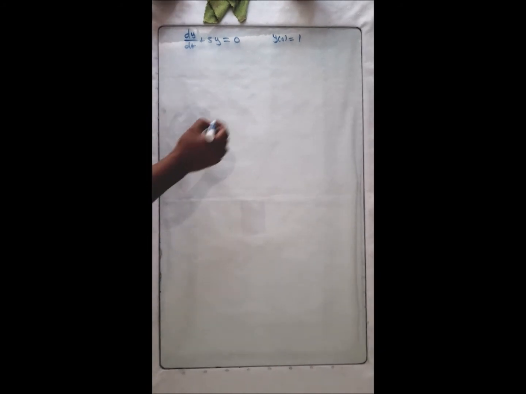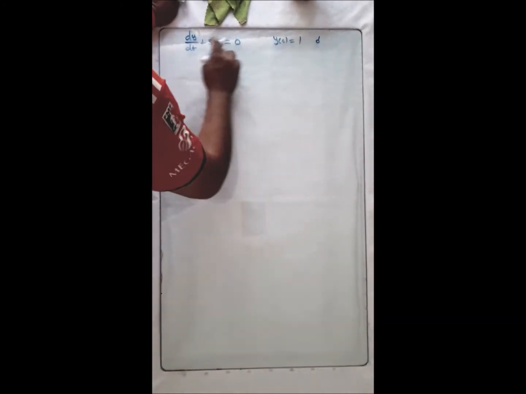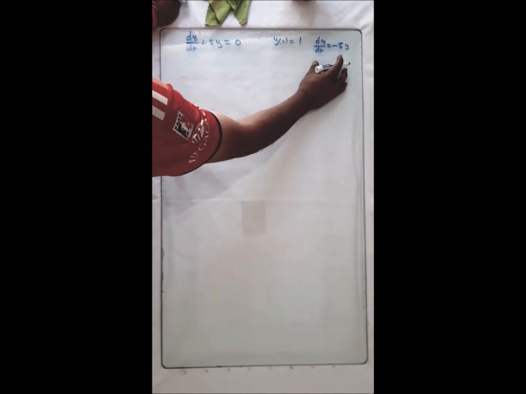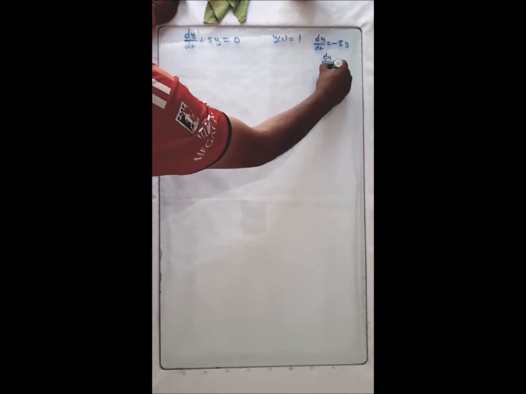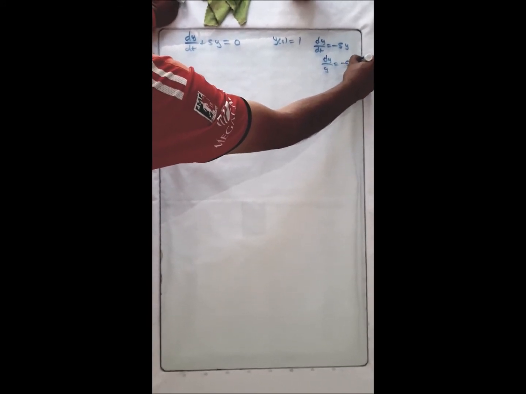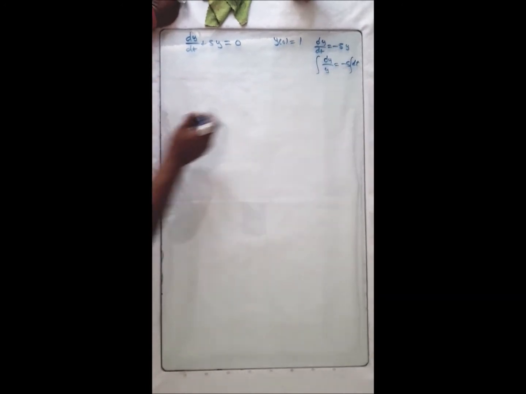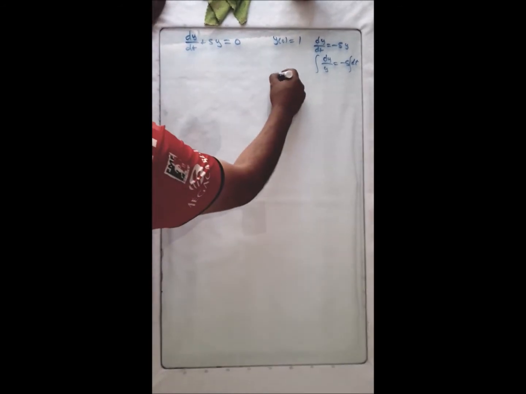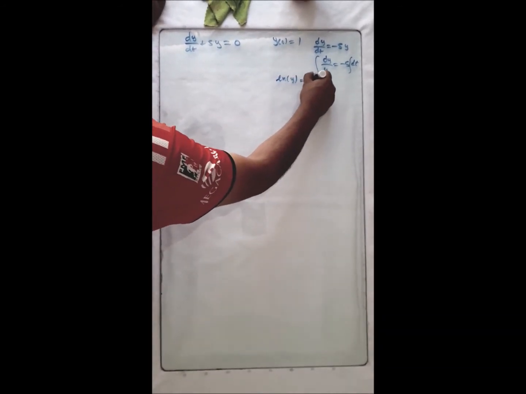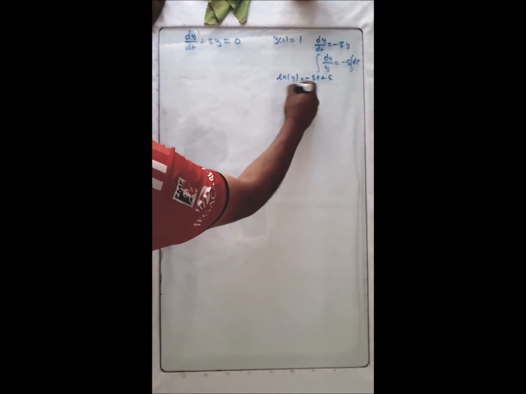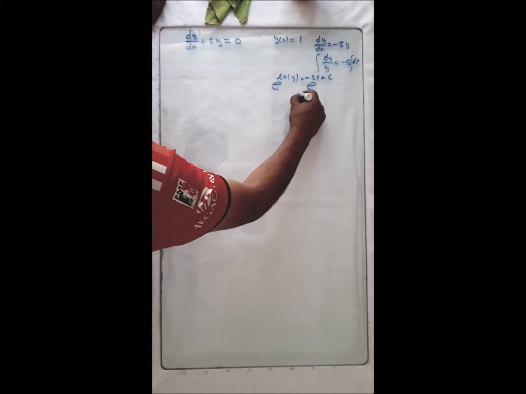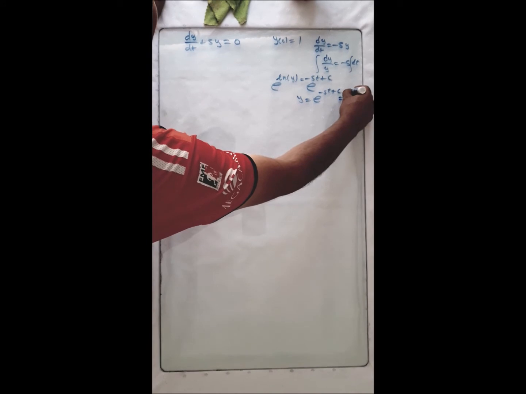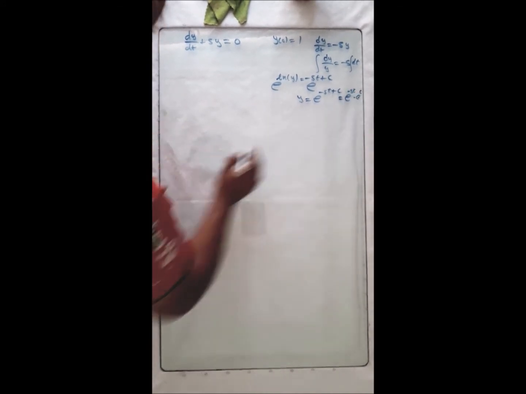It's a variable separable differential equation. If you move this to the other side, the derivative of y with respect to time equals minus 5y, and then you separate the variables: dy over y equals minus 5 dt, and you take integrals. So what you get here is the natural log of y equals minus 5t plus a constant, and then you apply the exponential on both sides, so y is equal to the exponential of minus 5t plus the constant, which is equal to the exponential of minus 5t times the exponential of the constant.